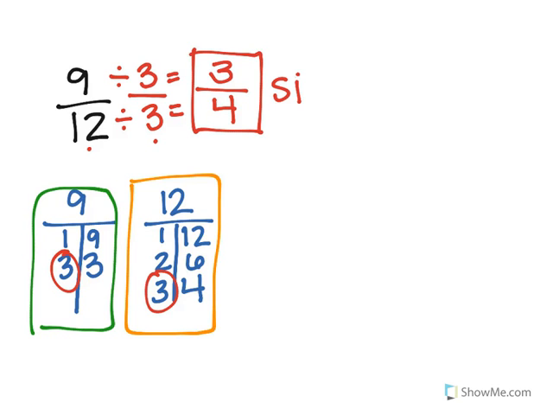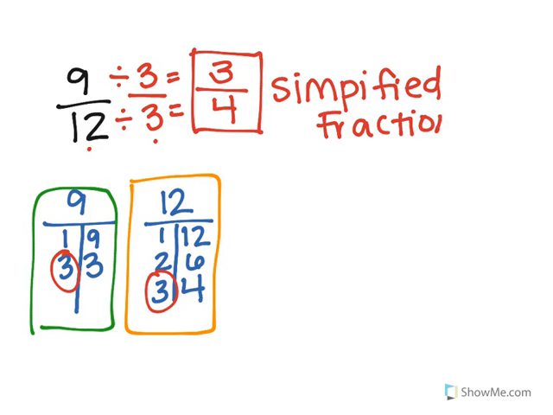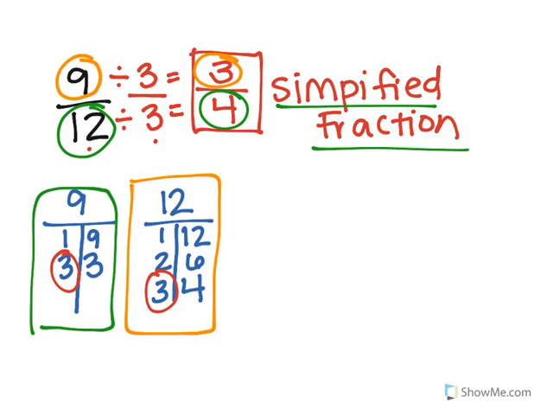So this is my simplified fraction. I went from a big 9 to a small 3, and I went from a big 12 to a smaller 4. That is what simplified fractions are. You take the bigger fraction and make it into a smaller fraction.